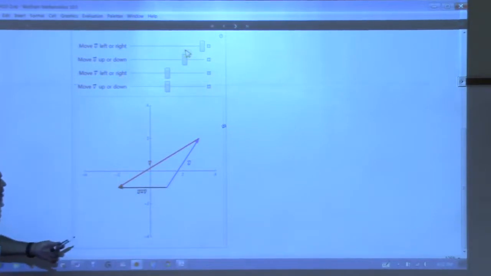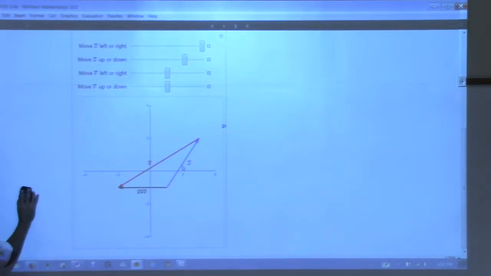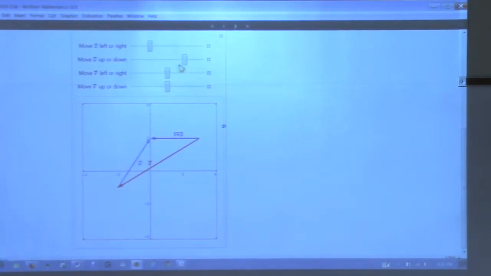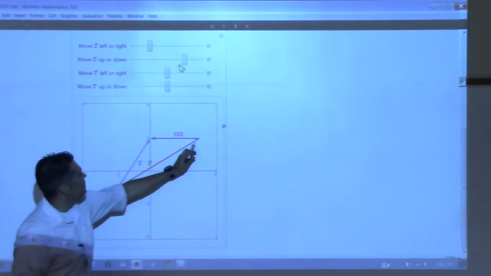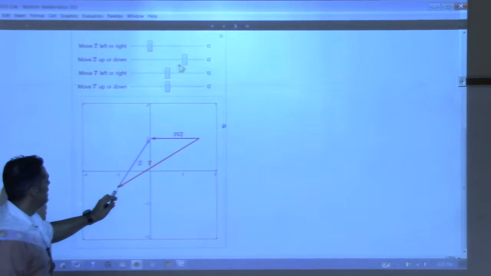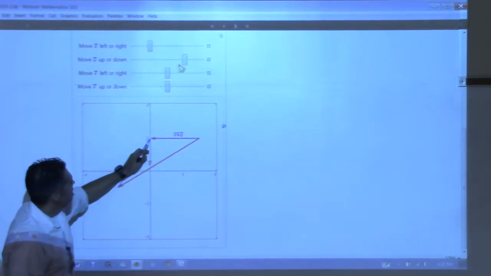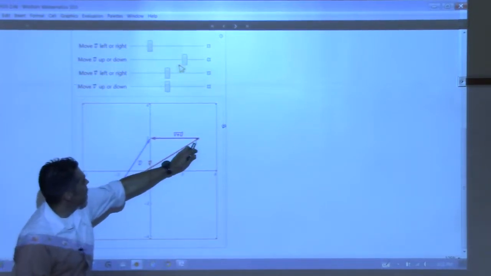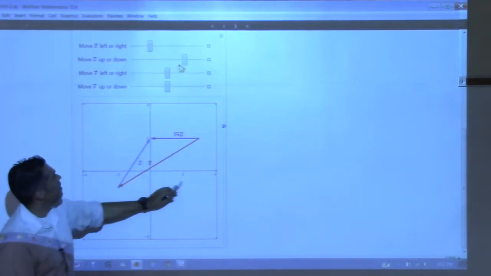Now, why do they call this the parallelogram law? Because I could have done it the other way around. I could have moved this over like this. Notice I switched the way that I added them together. So now if I go v first and then attach it to u, then the net result is that I go from here to here, which is the same as the one that was down there.